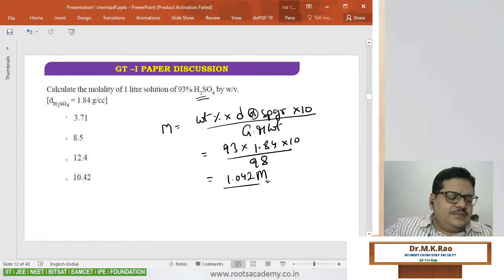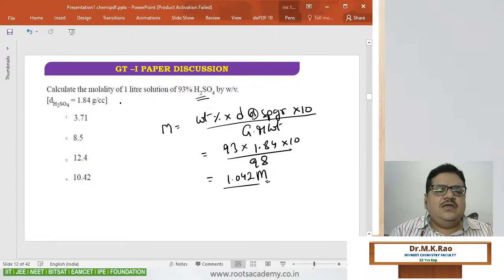Directly you can do, because they are asking to calculate molality, not molarity. We got molarity.